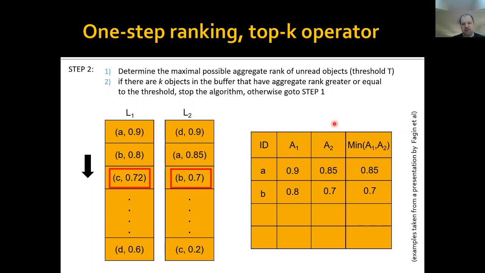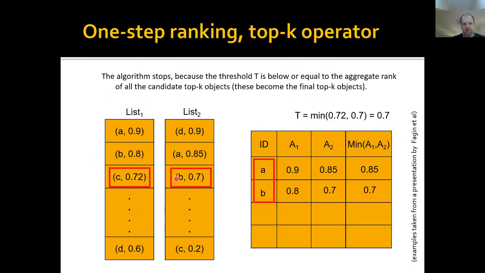We retrieve C because B was already retrieved. Now the threshold goes down to 0.7. We must of course determine the value for C, which is 0.2, and that's why its overall score is 0.2, so it gets out of the ranking.